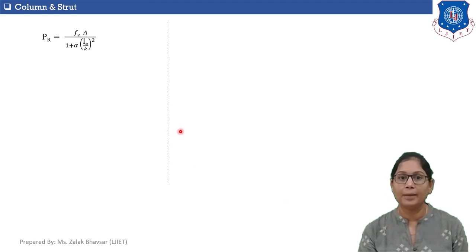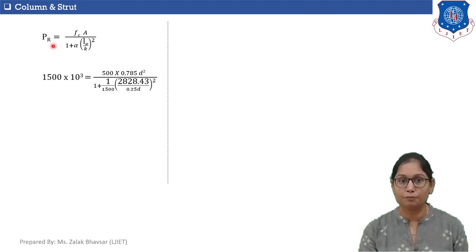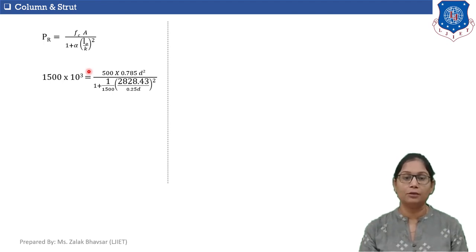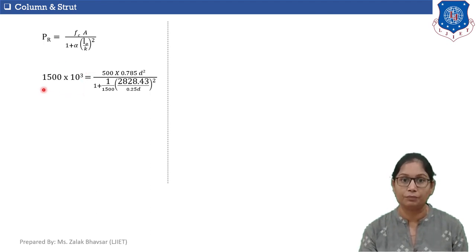Now PR is what? PR is equal to FC into A upon 1 plus alpha LE upon K square. So value of PR, as we calculated, is 1500 into 10 raised to 3. We are getting value of PR is equal to 1500 kilonewton, and I am converting it into newtons, so it is 1500 into 10 raised to 3.